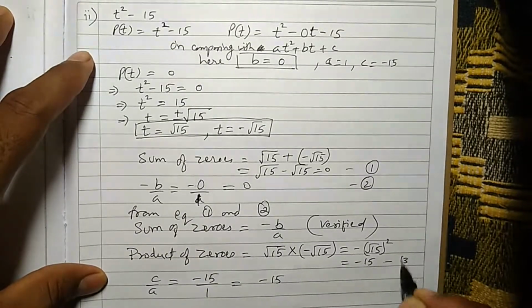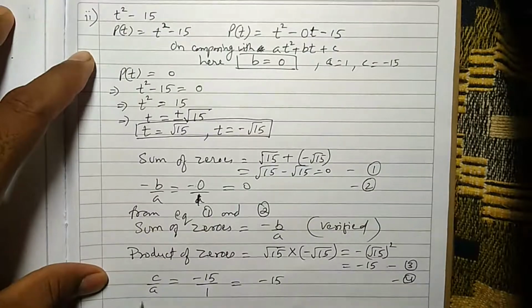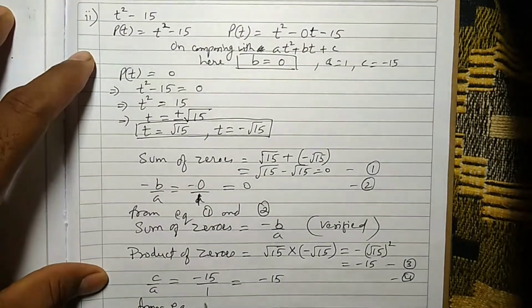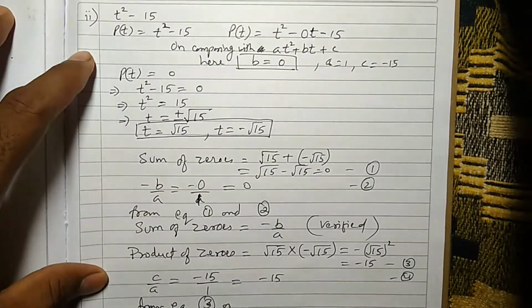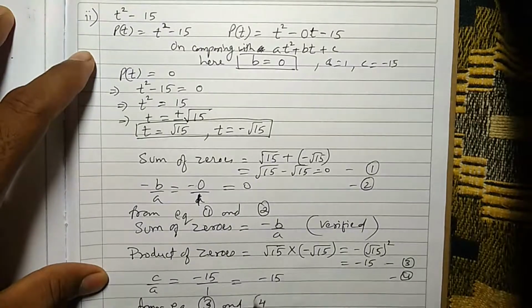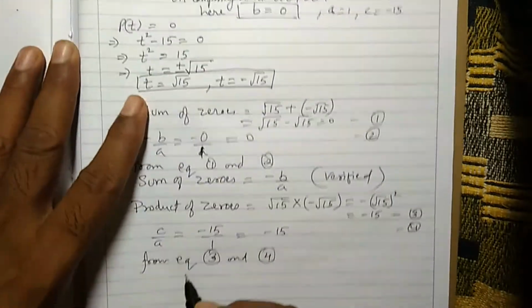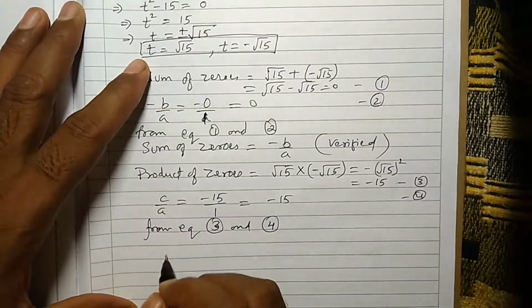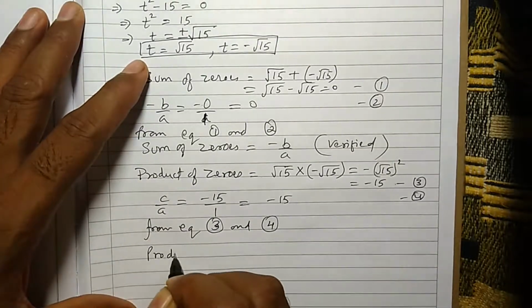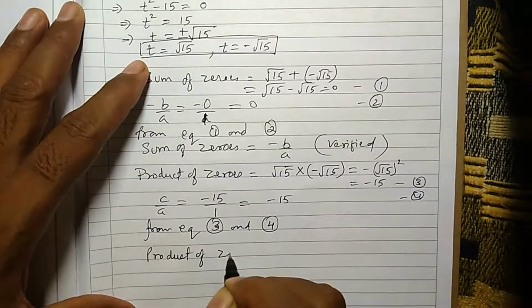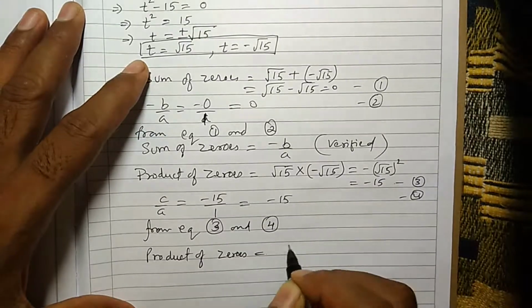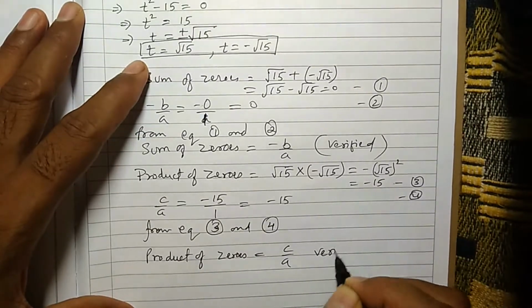This is the third equation, this is the fourth equation. So from equation 3 and 4, you can say that product of zeros equal to c upon a. So it is also verified.